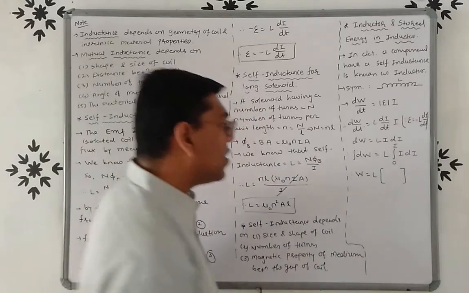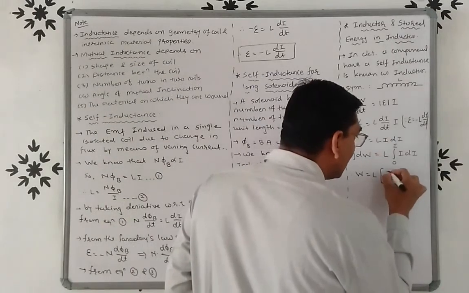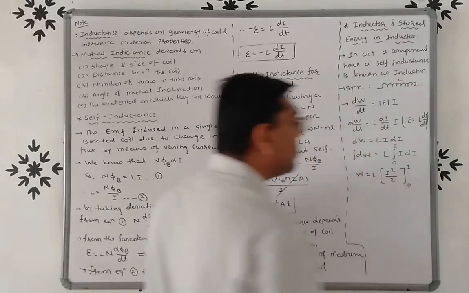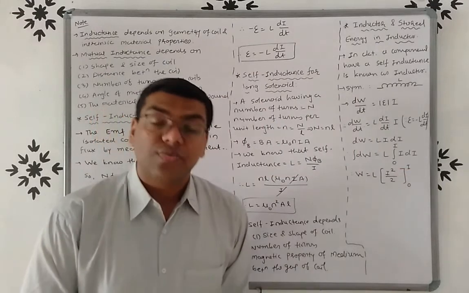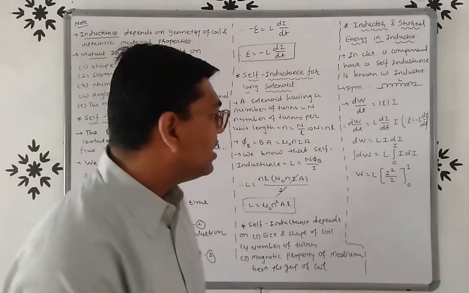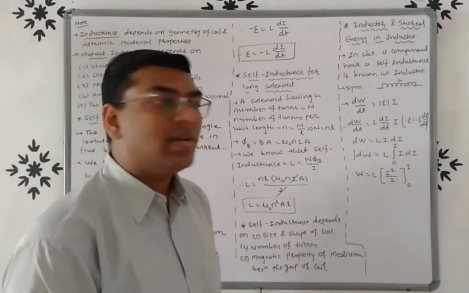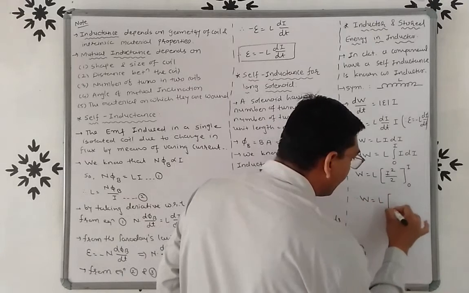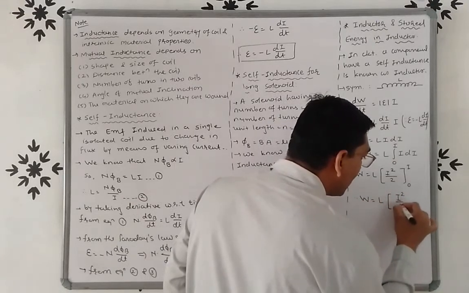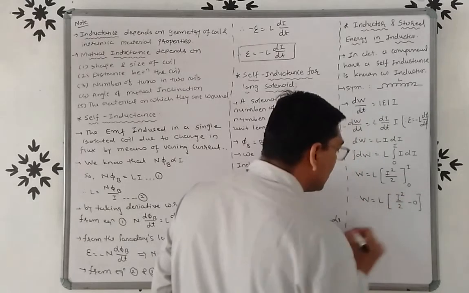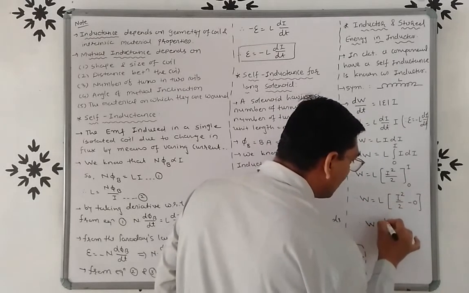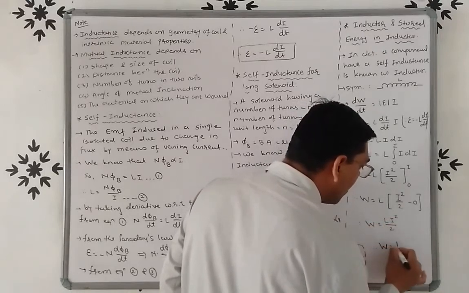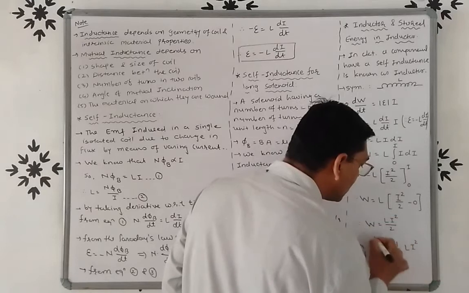So from this formula, the integration of I di is equal to I square by 2, lower limit 0, upper limit I. First we put the upper limit, then the lower limit, and between them a negative sign. So W is equal to L times I square by 2 minus 0, that is W equals 1 by 2 L I square.